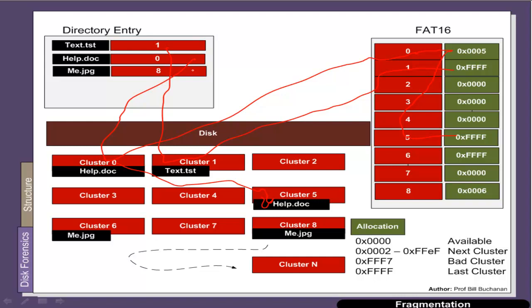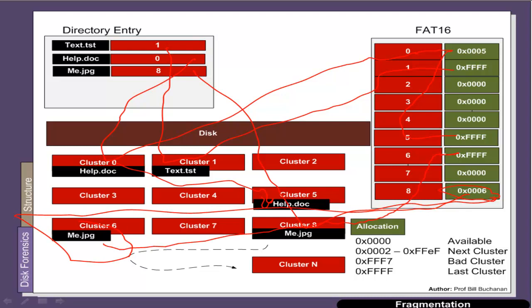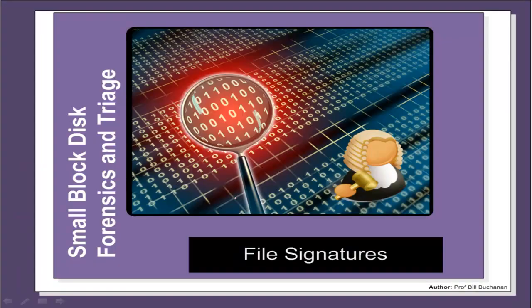And then me.jpg is on cluster 8, our next cluster is 6, and that is defined with an end last cluster identifier.